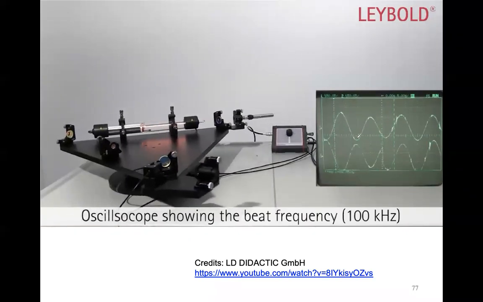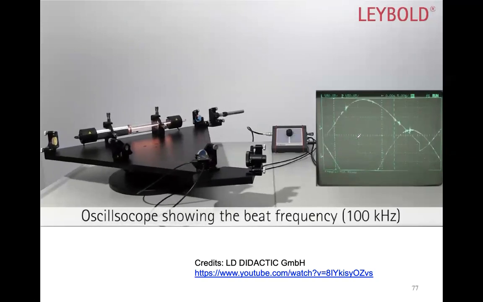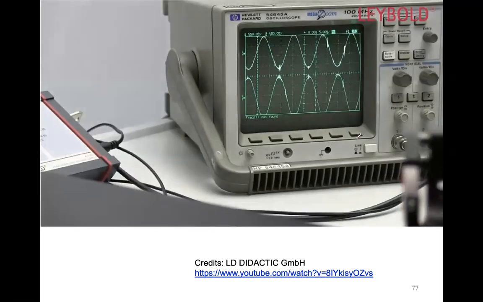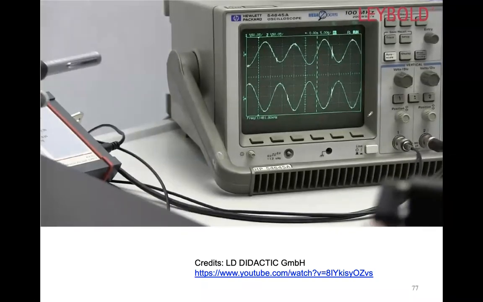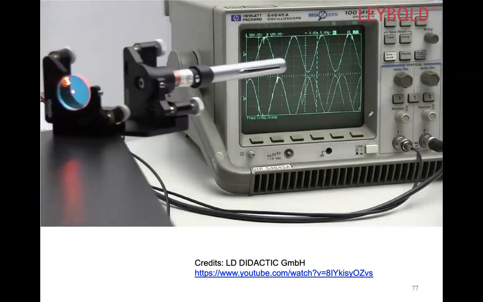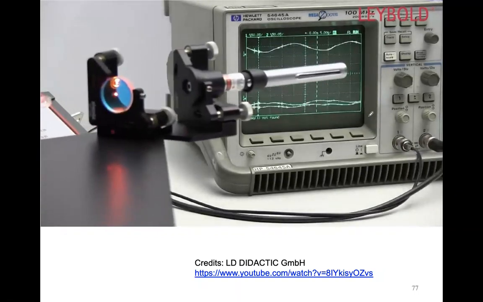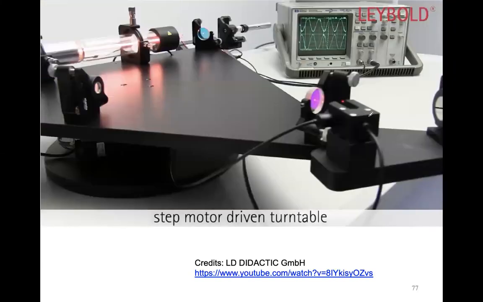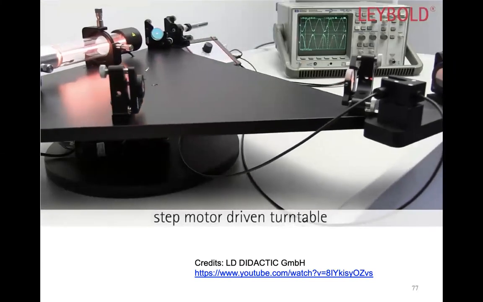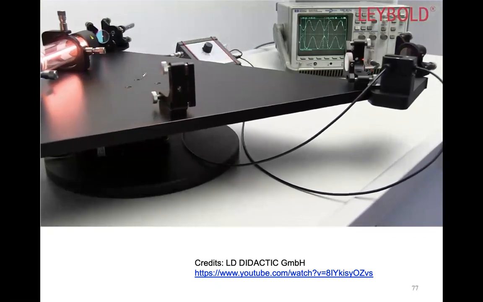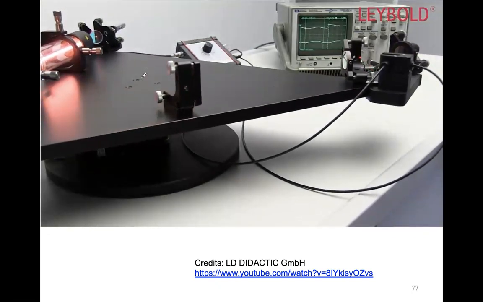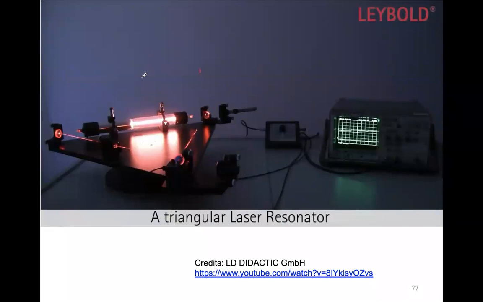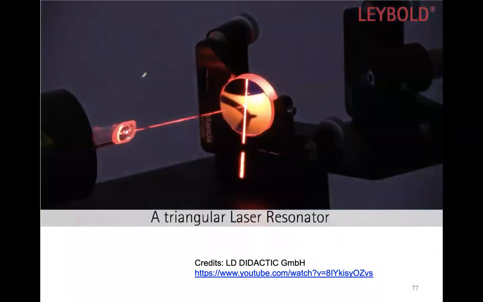So the fact that we said that they change their frequency, you are able to see how the frequency of the signal changes over time because of the variation of the angular rotation of this gyroscope. And at the end of the video, you can see the same measurement in terms of phase shift.